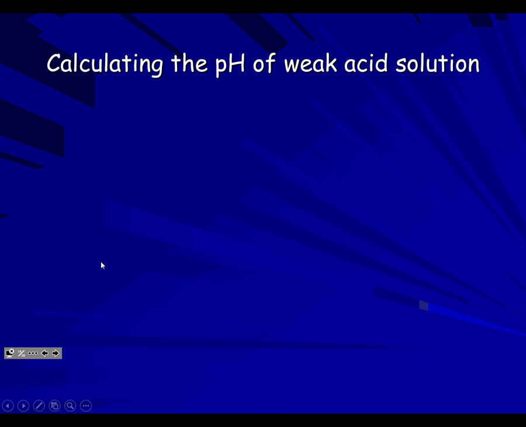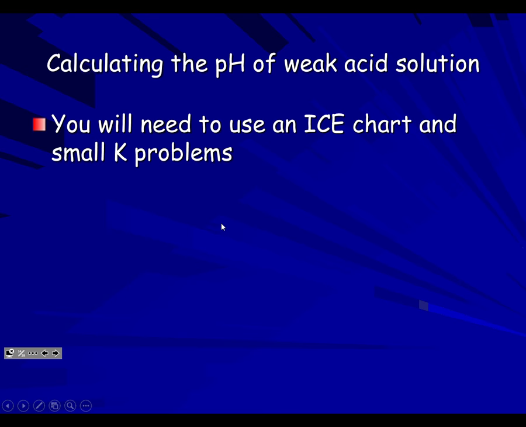Next we are going to deal with pHs of weak acid solutions and weak base solutions, which is predominantly what we deal with. We have a lot more weak acids and weak bases than we have strong acids and strong bases. So let's look at calculating the pH of a weak acid solution.